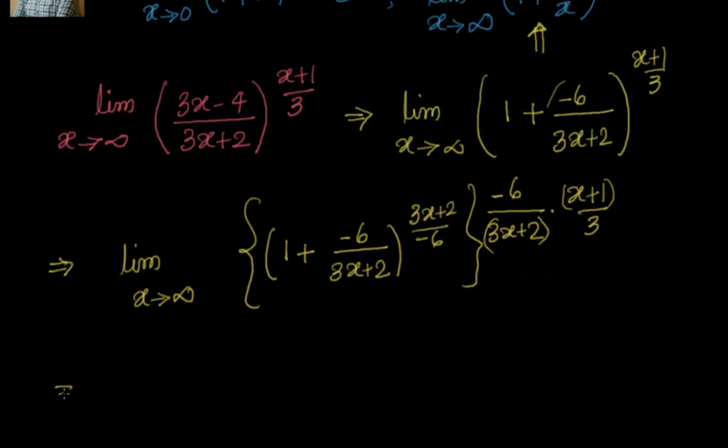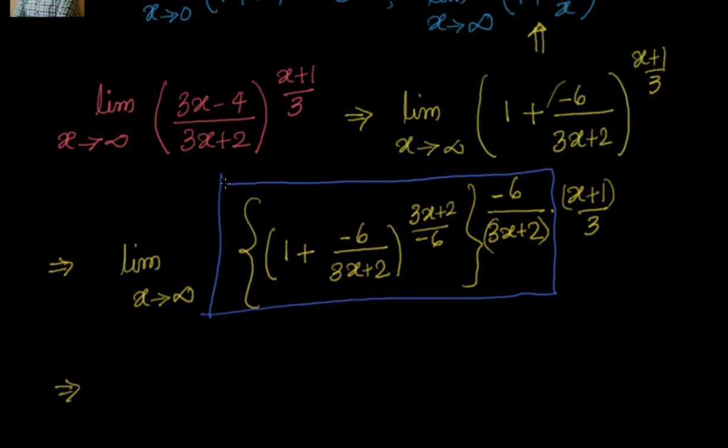Now next step, we know that this blue box is e, because it is in the form of 1 plus x whole to the power of 1 by x. Now you can ask me the same question again, 1 plus x whole to the power of 1 by x, x should tend to infinity.